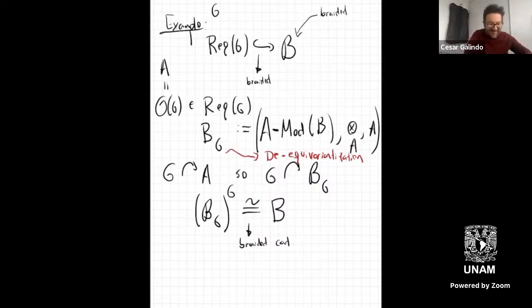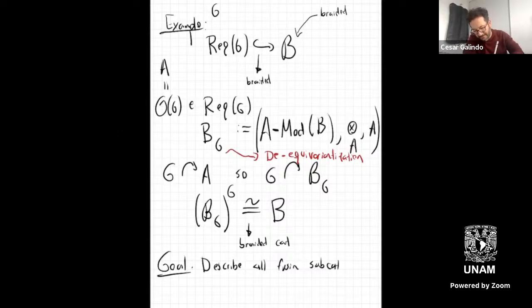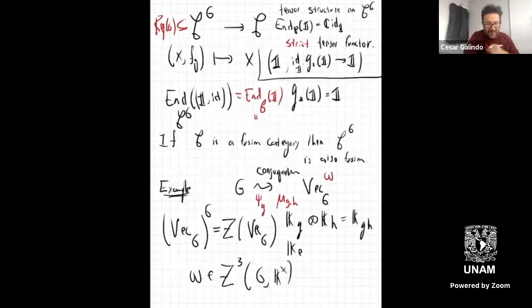Now I can say what the goal of the work is. The goal is just to describe all fusion subcategories of C^G. That's the goal. Look, for a moment, this has interesting applications. One of them is that this allows us to describe the fusion subcategories of the twisted Drinfeld double.